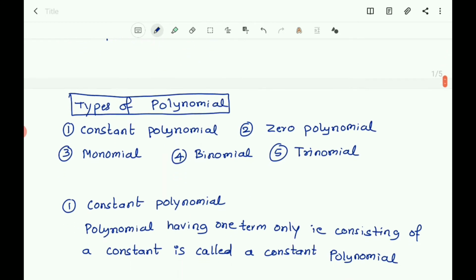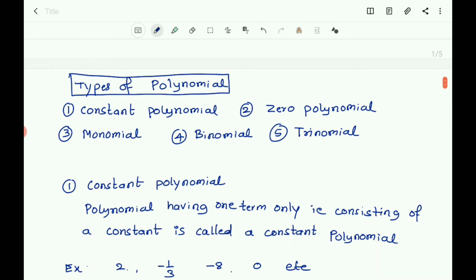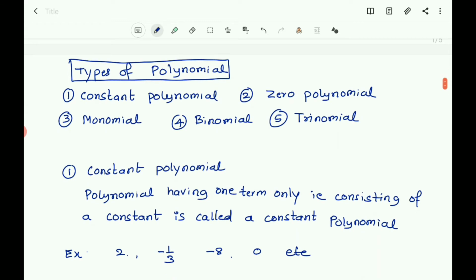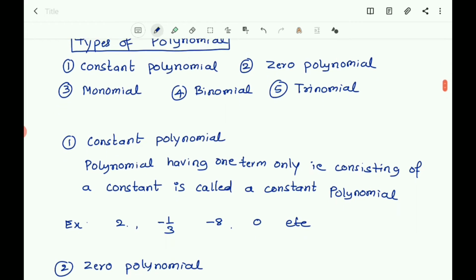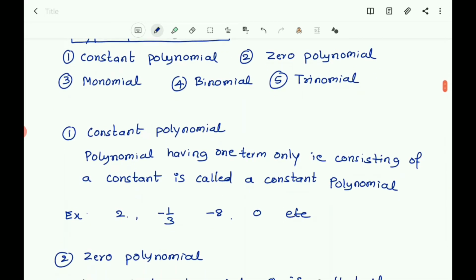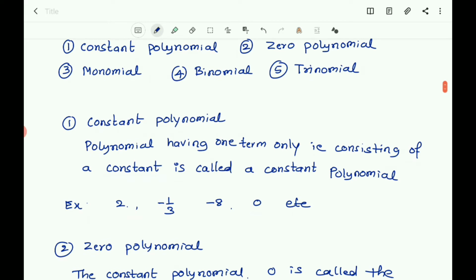Next, different types of polynomials. Different types of polynomials are constant polynomial, zero polynomial, monomial, binomial, trinomial, etc. Now let us see the constant polynomial. What is a constant polynomial?